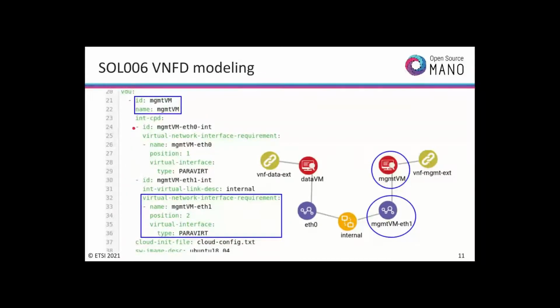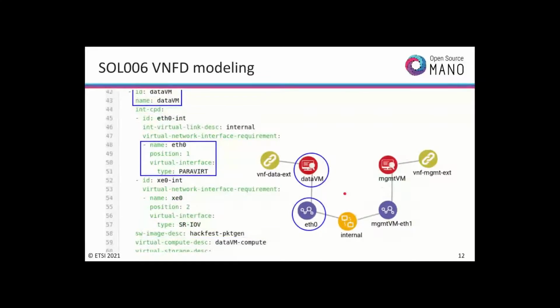So this virtual machine has 2 connection points. If you remember, this connection point was the one that was exposed externally, so this is the management one here. And this other one here is the internal connection point, which is used for communicating with this other virtual machine through this virtual link. So this second interface has a virtual network interface requirement and an internal virtual link descriptor that makes it point to this internal VLD.